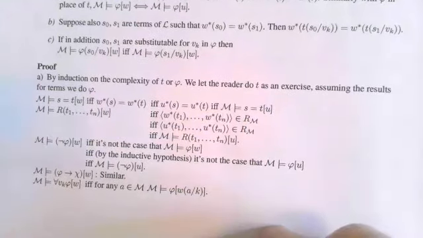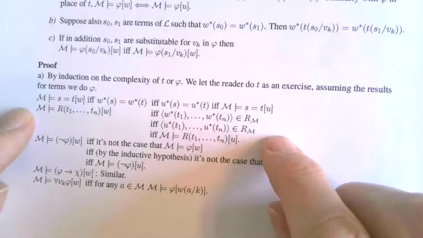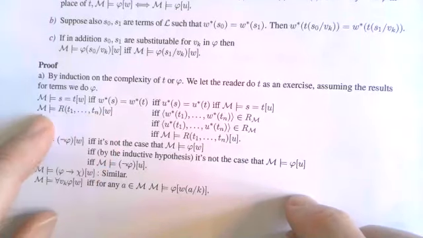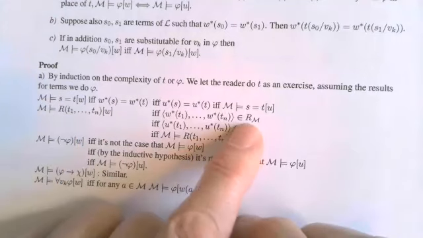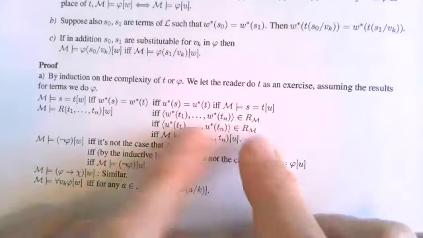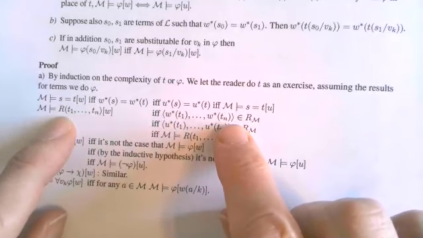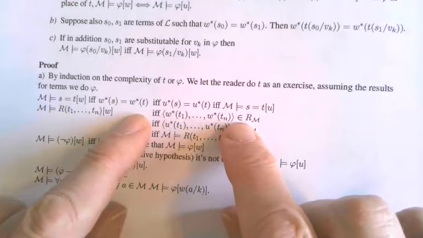And now we just have similar clauses down here. The W assignment is going to make this relation true of these gadgets if and only if the relation R holds of the assignments that W engenders for T1 up to Tn.